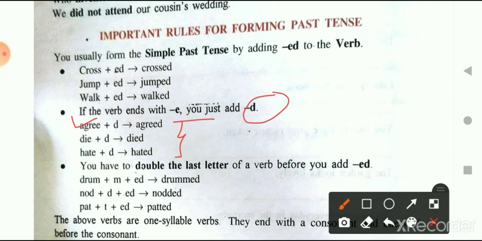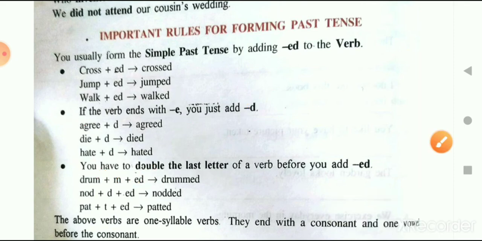Now, for some verbs we double the last letter of the verb before we add ed. There are some words where we simply double the last letter, write it two times, and then add ed. For example, drum. We have added the last letter once again, that is the letter M, and then we have added ed, so it has become drummed in its past form.